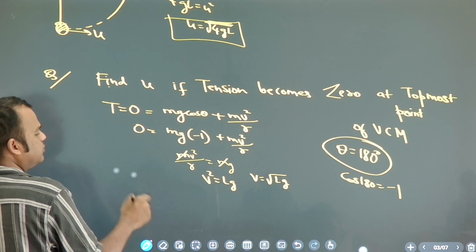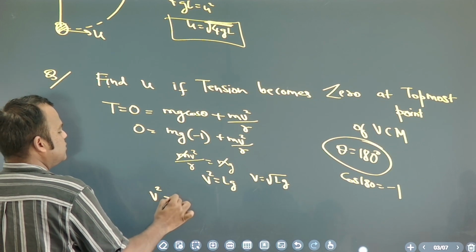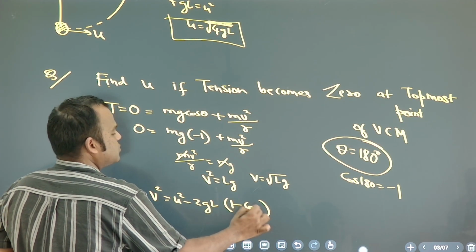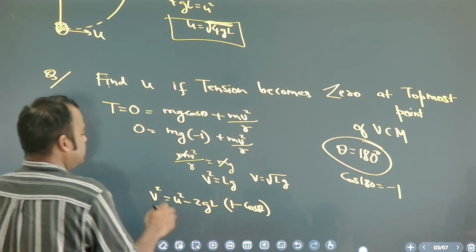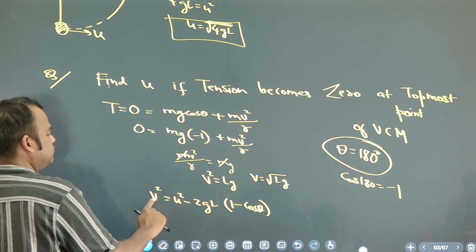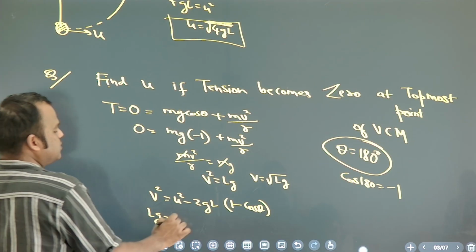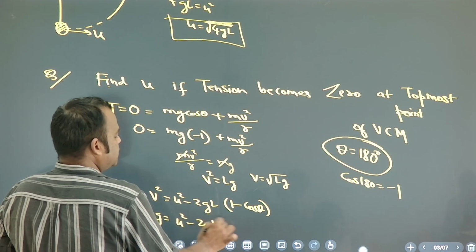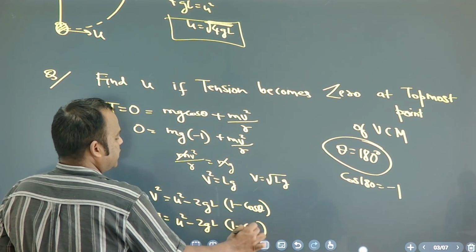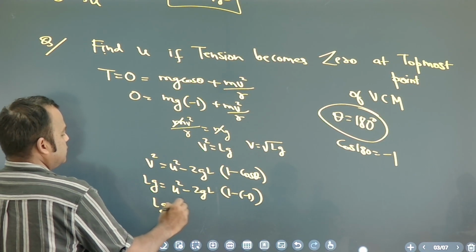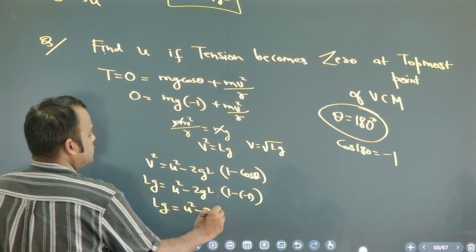Now find u. How to find u? V square is u square minus 2gl 1 minus cos theta. Cos theta is minus 1. V square we got lg. Put here. So lg is equal to u square minus 2gl 1 minus minus 1. Lg is equal to u square minus 2gl into 2.